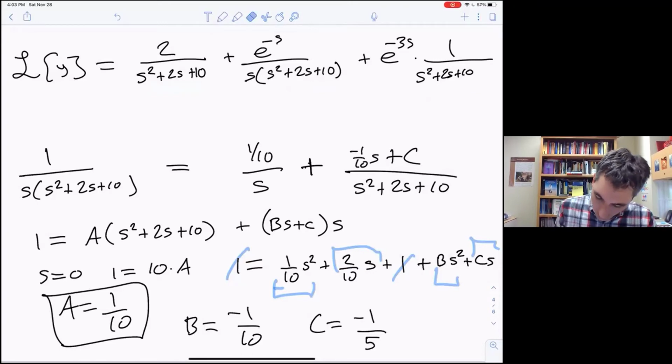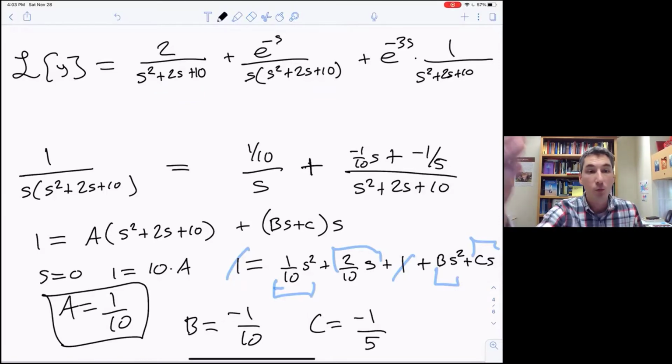And then C was negative 1/5, so let's write that there. And then, of course, that was 1 over s times (s² + 2s + 10). It had an e to the minus s, so that would have to be multiplied onto both of those terms. Okay, so let's rewrite on the next page what we've got here.